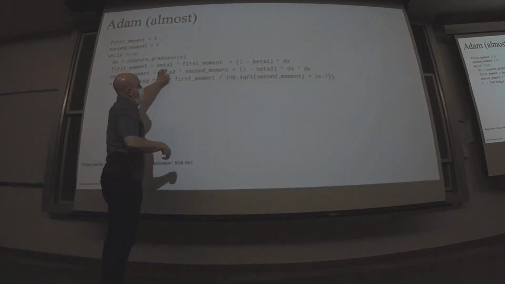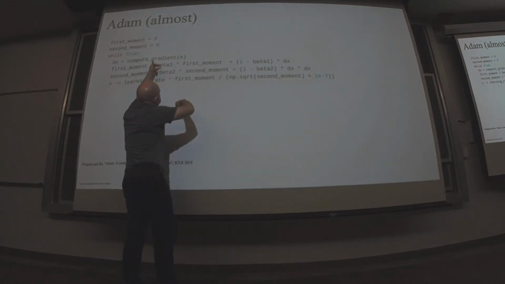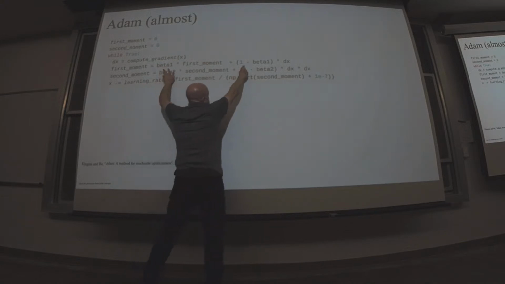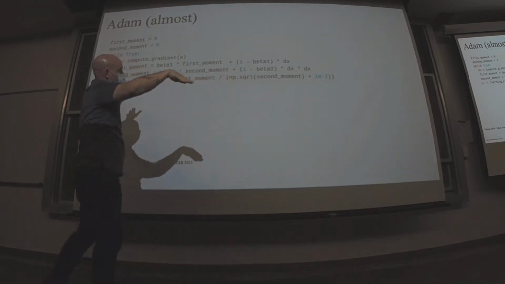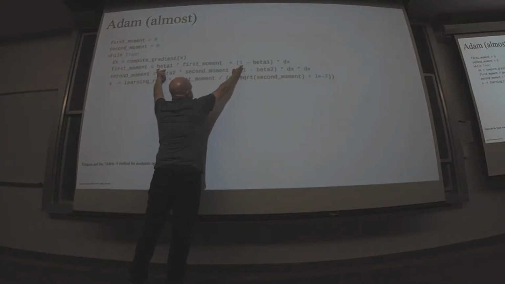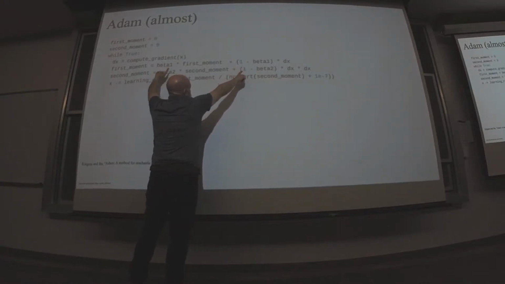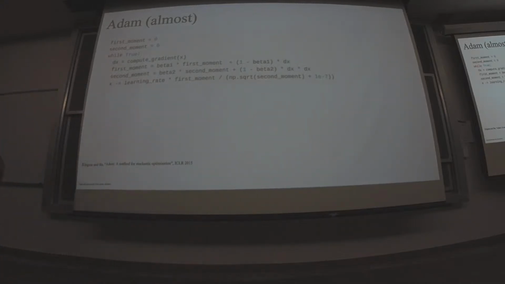It's not quite the momentum, because we also have this 1 minus beta term here, which we didn't have with straight up momentum. This is more like what we have from RMSprop. This convex combination of these using these parameters gives you something that's preserving the overall scale of the gradients or the gradient squared.